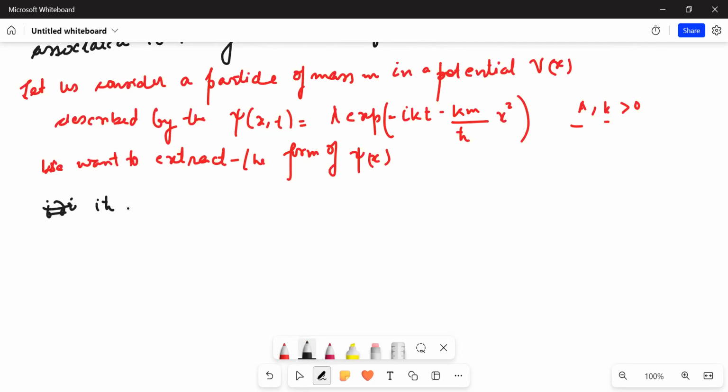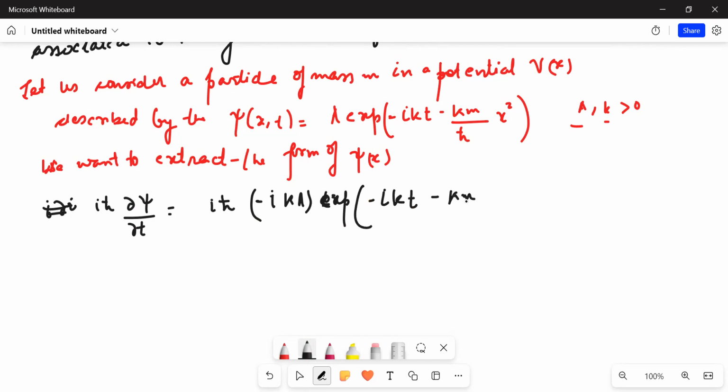So iota h-bar del psi upon del t will be equal to iota h-bar, and del psi upon del t you can write as minus iota k A exponential of minus iota kt minus km upon h-bar x square.